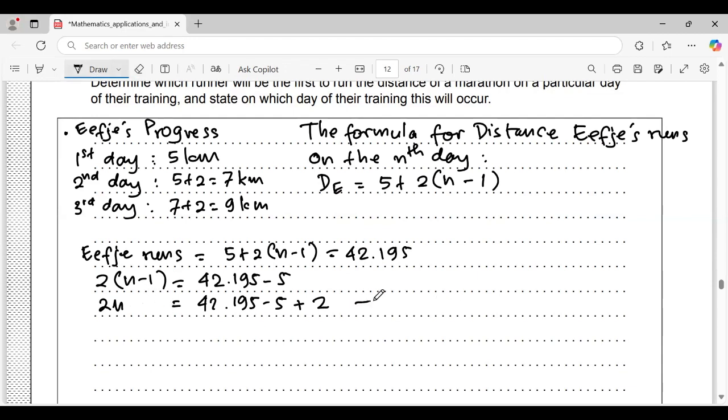And then n equal 42 minus 3, 39. I mean this, 39.195 over 2.